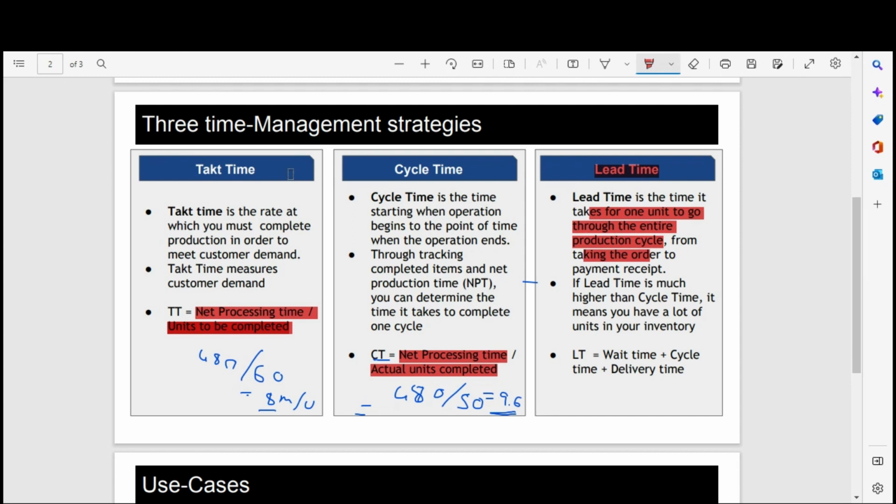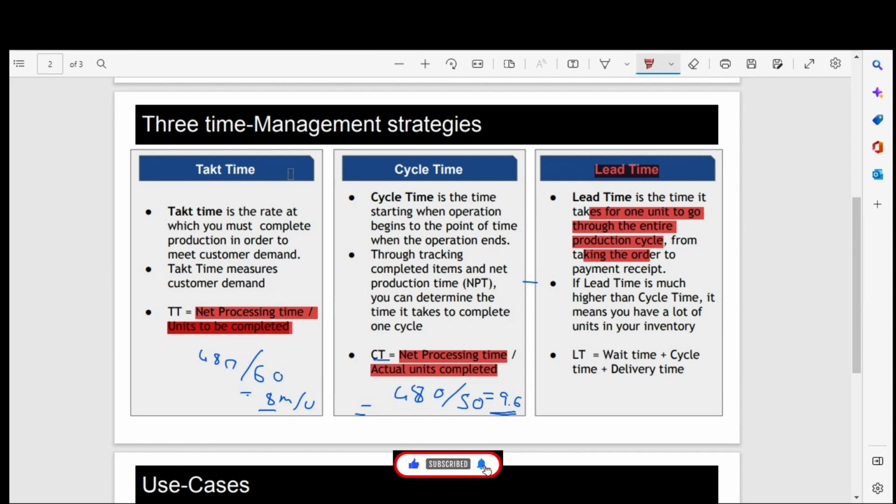So, for example, the customer requests an order on December 20th, the production team starts working on this order on December 22nd, and it is delivered back to the customer on December 30th. So December 20th is when the order was initially requested by the customer, and December 30th is when the order was delivered back to the customer.